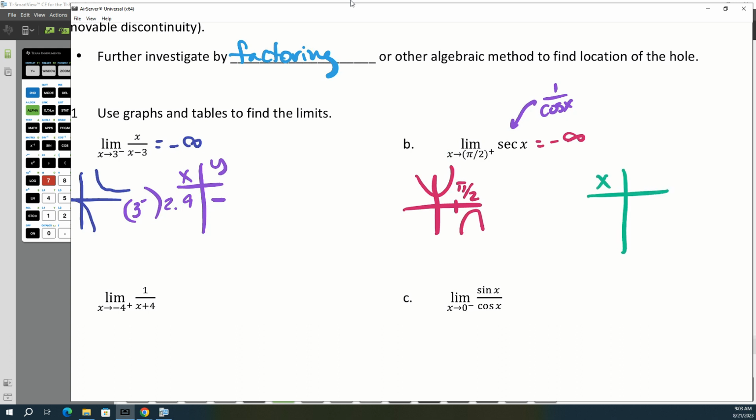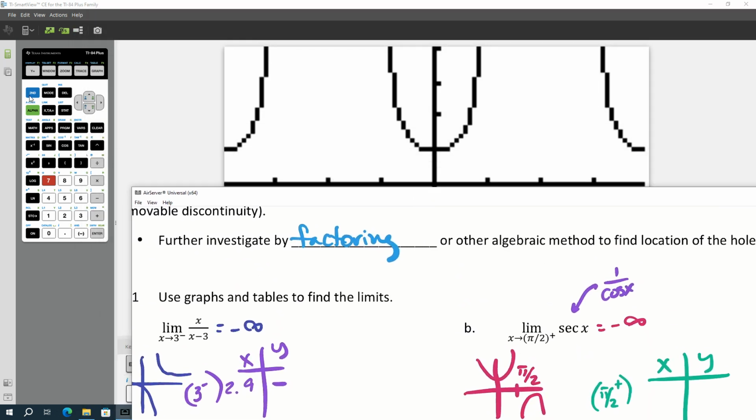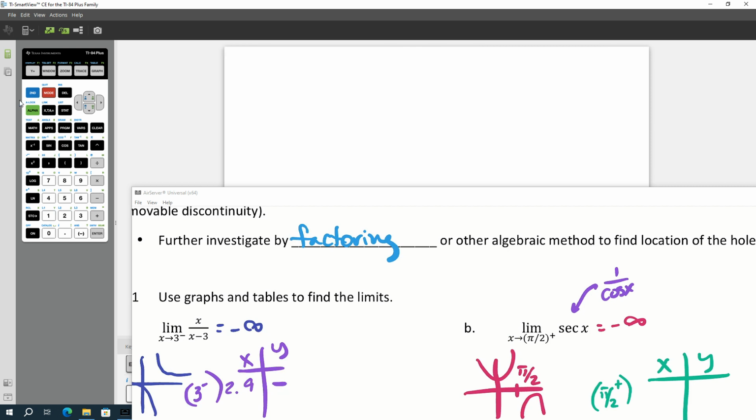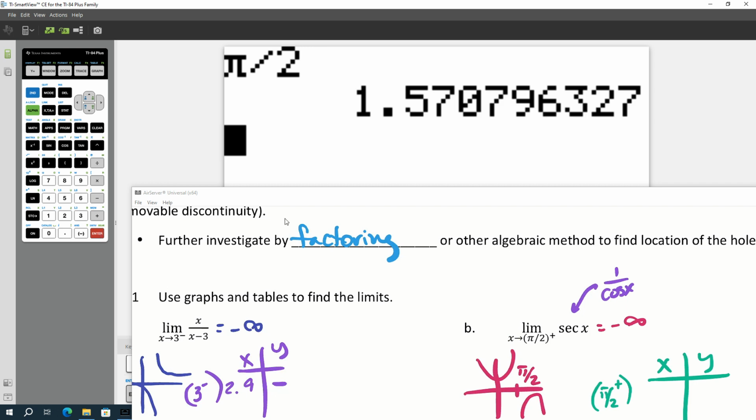Now on the table, we are going to want to choose something on the right side of pi over 2. If you're unsure what pi over 2 equals, it's half a pi, but you can just type it in. So what is a number on the right side of that number that's also pretty close? 1.6.